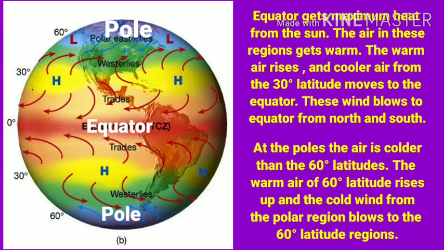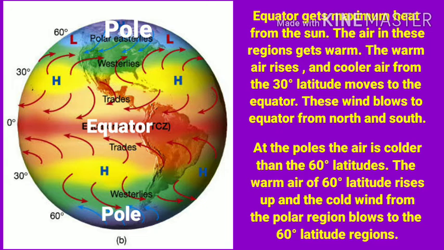Then what will happen to the air of the equator? The air in this region will be heated. Then what will happen to the heated air? The heated, warm air of the equator rises up.